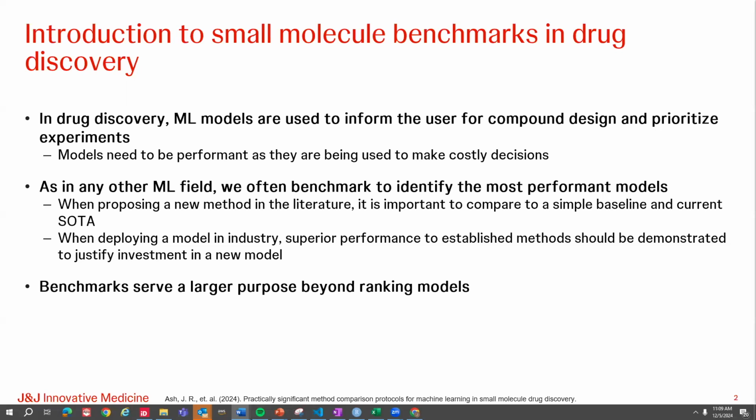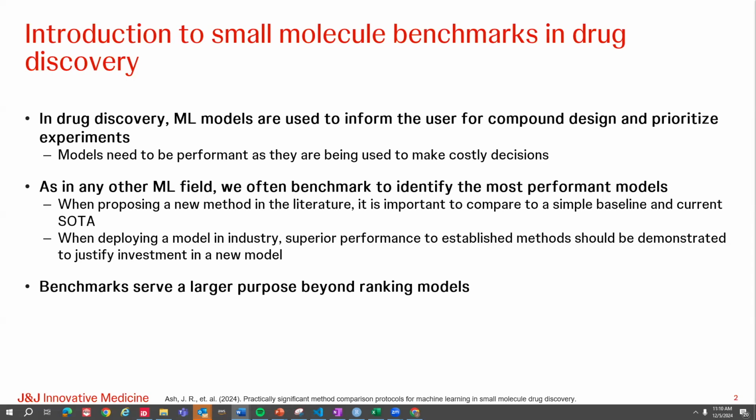And as in any other ML field, we're often benchmarking models and determining the most performant methods. I have two examples here to give some context on the type of benchmarks that are typically performed. When proposing a new method in literature, it's important to contextualize results and compare to a simple baseline and the current state of the art.